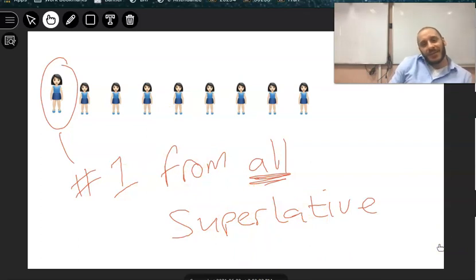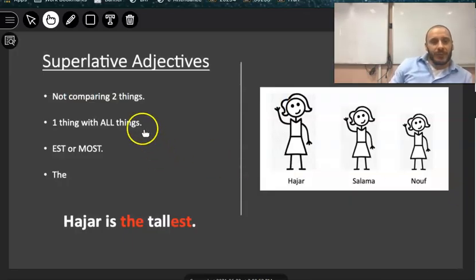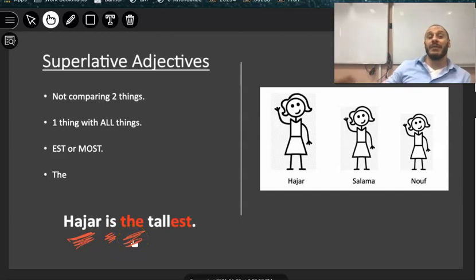And it's kind of the same. When we use superlative, we still have subject, yani haja, still have be verbs, and then every time lazim the, baden superlative, the est.